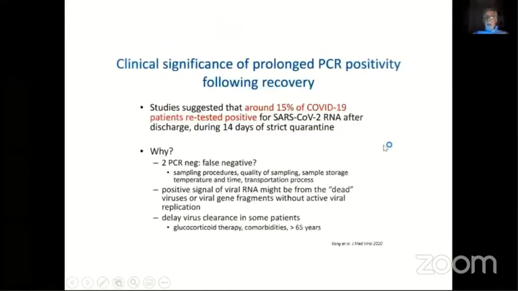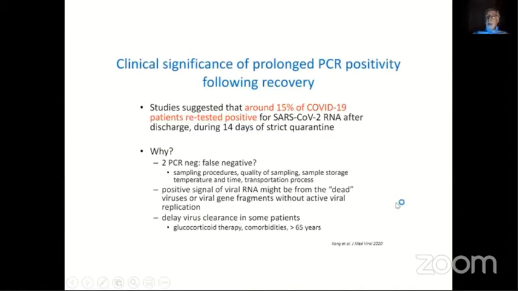Okay, what is the significance of prolonged PCR positivity following recovery? There is some data suggesting that around 15% of COVID-19 patients retested positive after discharge during 14 days of strict quarantine.